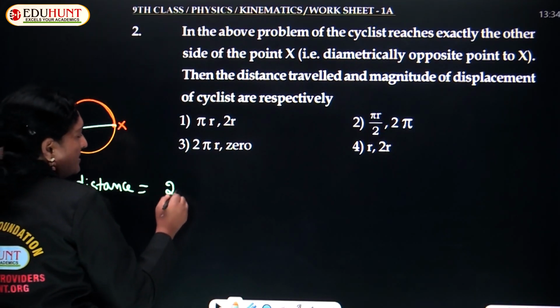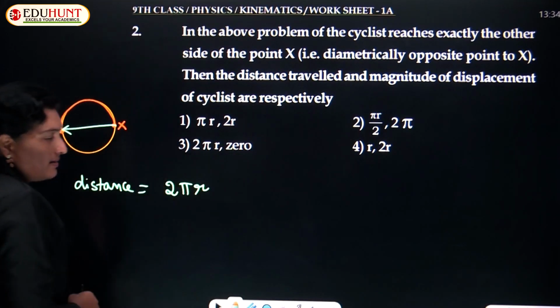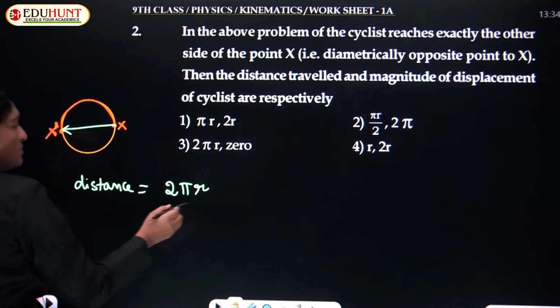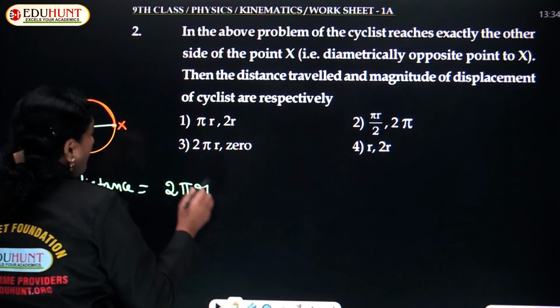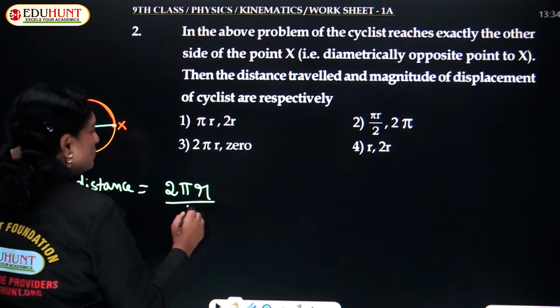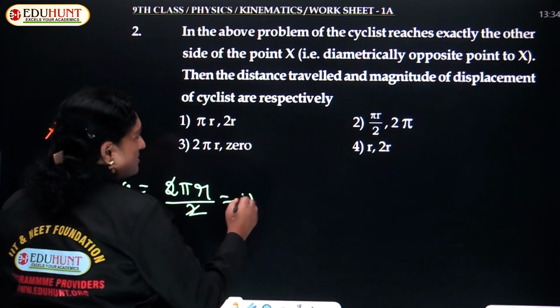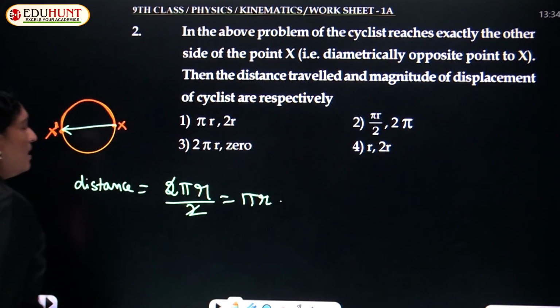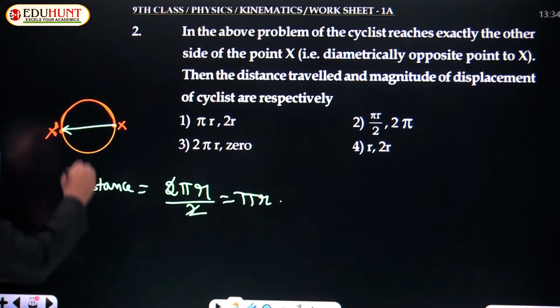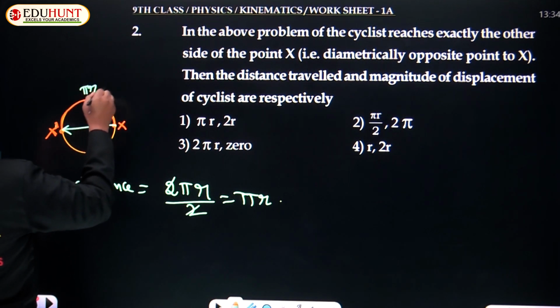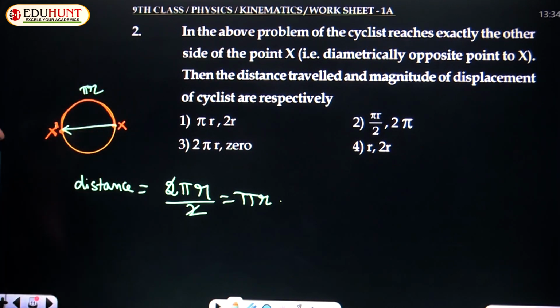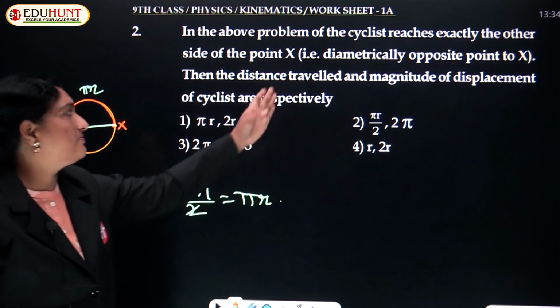Complete circle means 2 pi r, one complete revolution. But half of it means 2 pi r by 2. Further simplification gives pi r. So the distance covered by the body is only pi r. If it were the total, it would be 2 pi r. So distance travelled is found to be pi r.